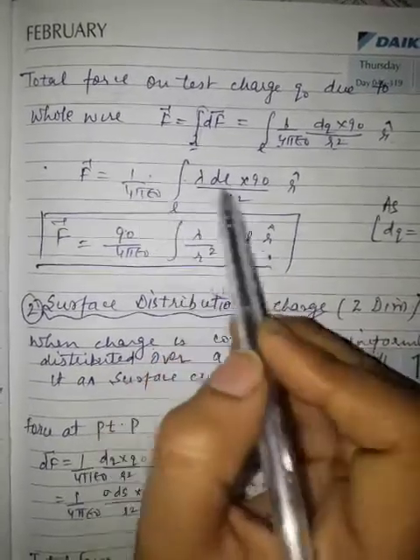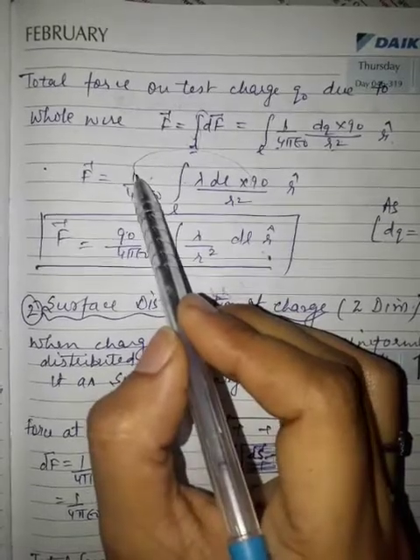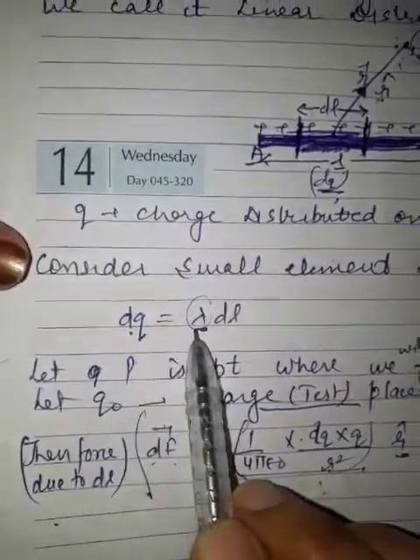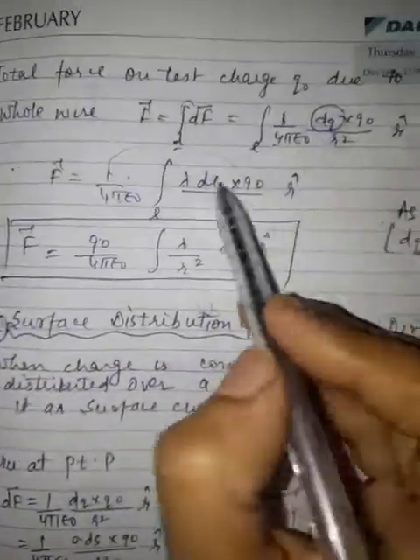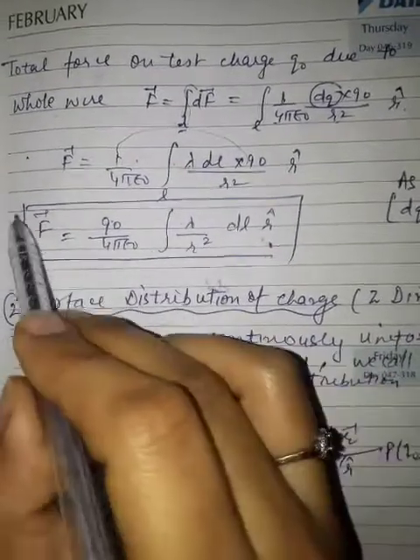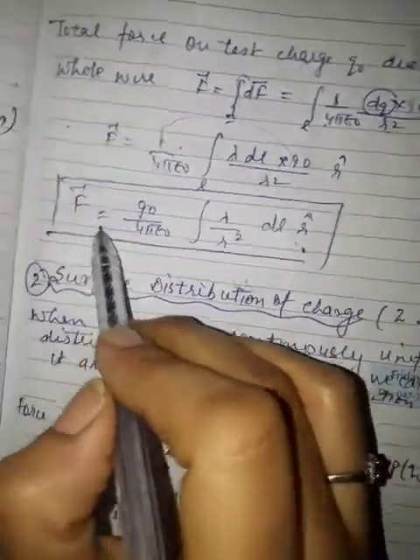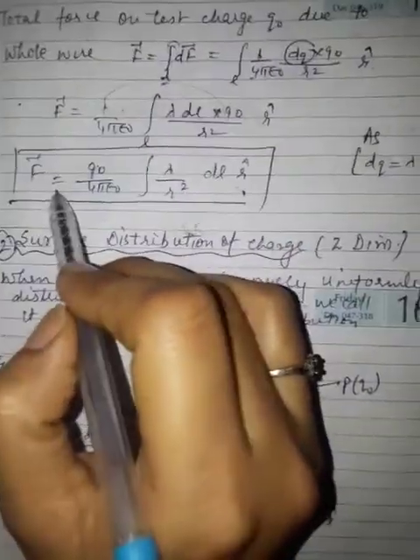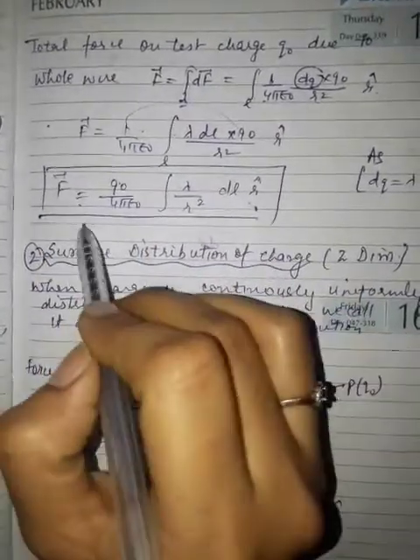Now see, 1 by 4 pi epsilon naught Q0 is constant, will be taken out. Now what is dq? Just now we calculated, dq is lambda dl. Put the value of dq: lambda dl upon r square into r cap, integral of this. This is called the force due to a continuous distribution, due to the linear distribution of charge. This much is the force.